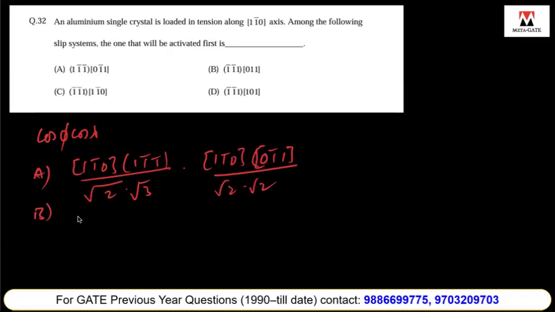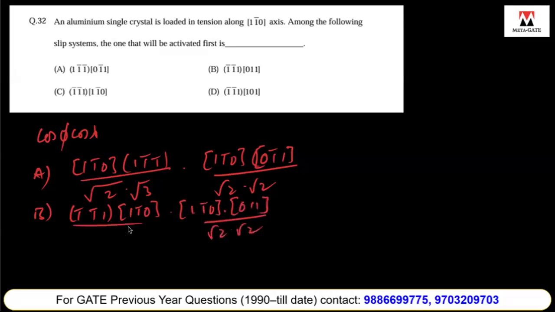For B, the same: 1 bar 1 into 1 bar 0 into 1 bar into 0 1 1, divided by root 2 into root 2 by root 3 into root 2. Here also it is 1 bar 0. You do the same way; D is also the same way.